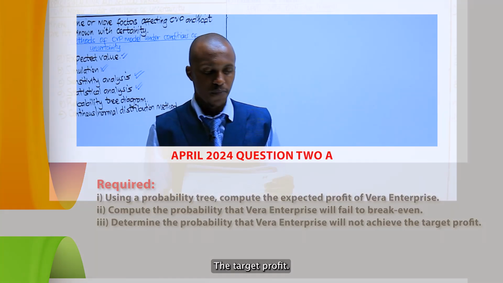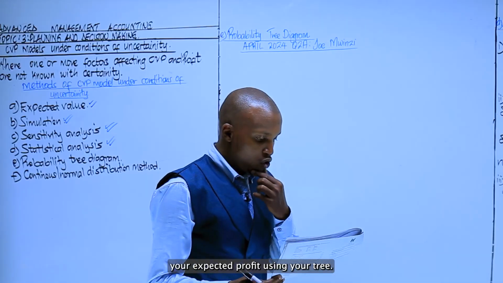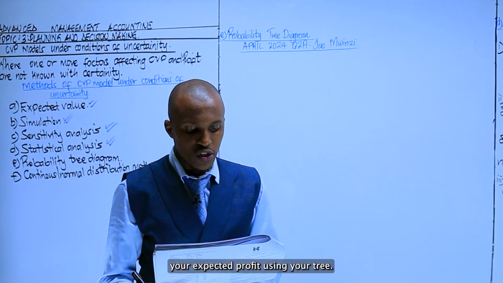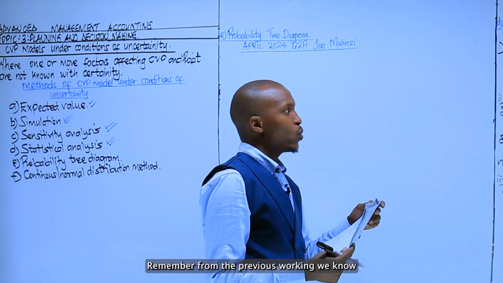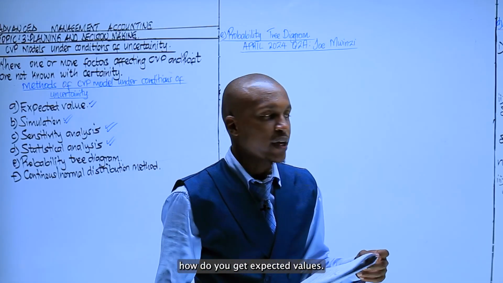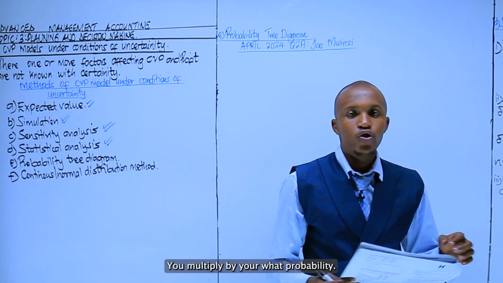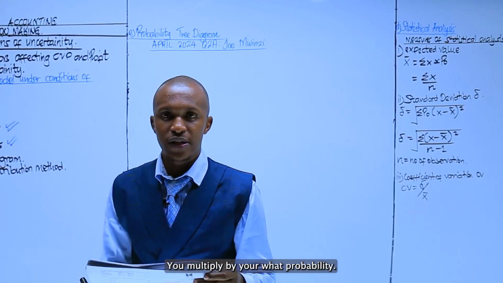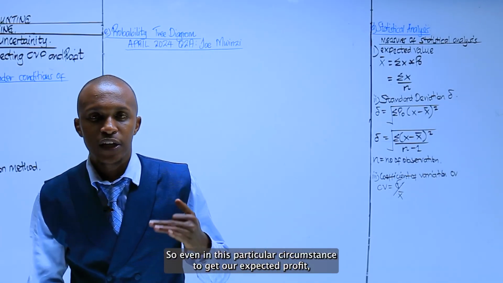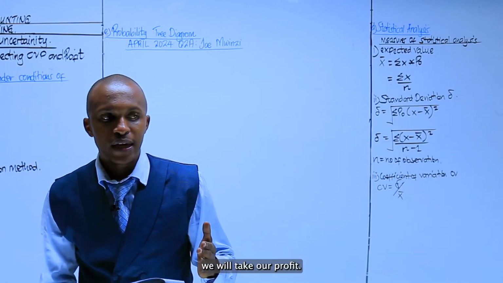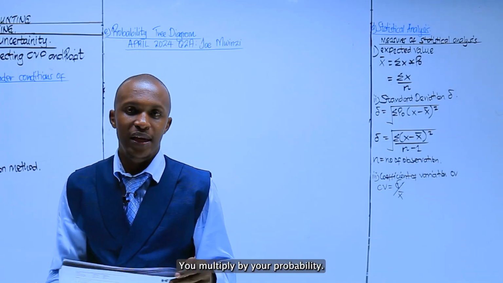So they're telling us to determine the expected profit using the tree diagram. Remember, from the previous working, how do you get expected values? You simply take your variable and multiply by your probability. So even in this circumstance, to get our expected profit, we will take our profit and multiply by the probability.